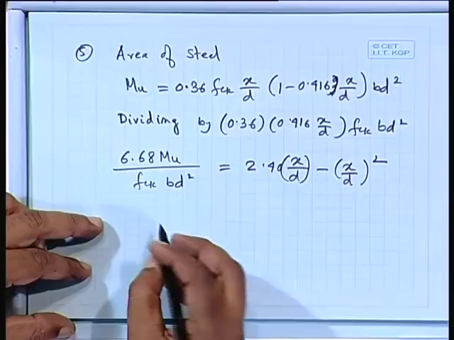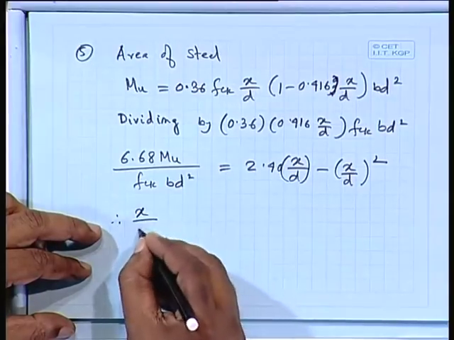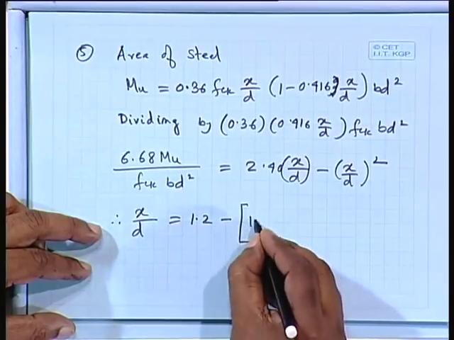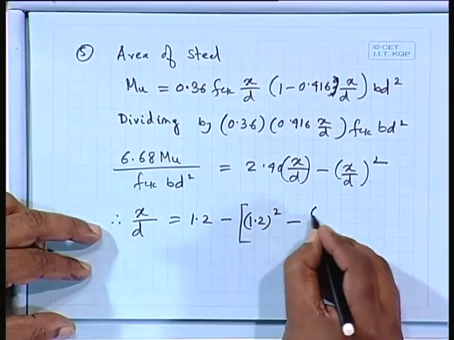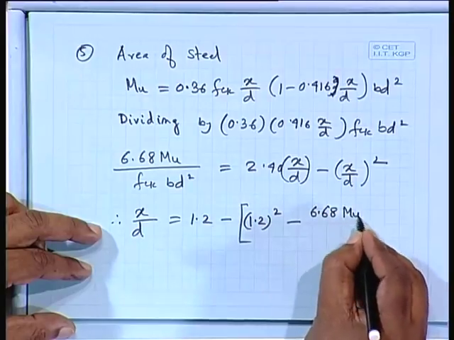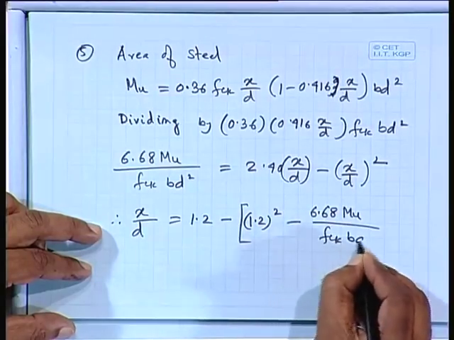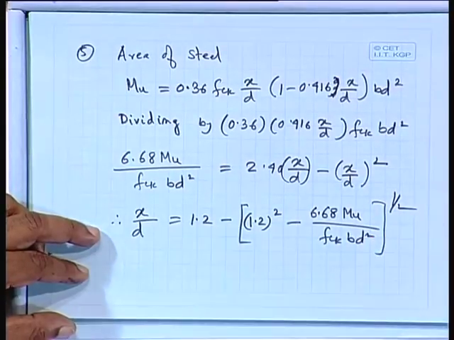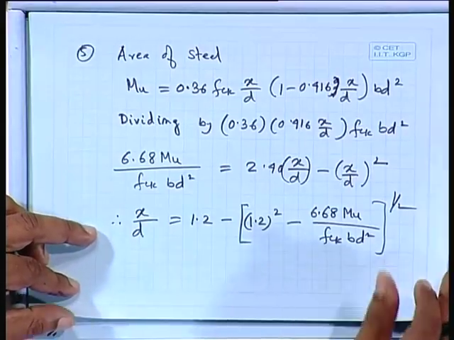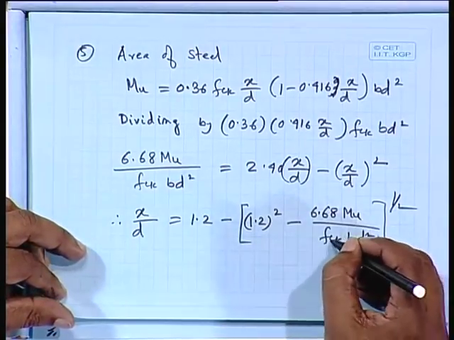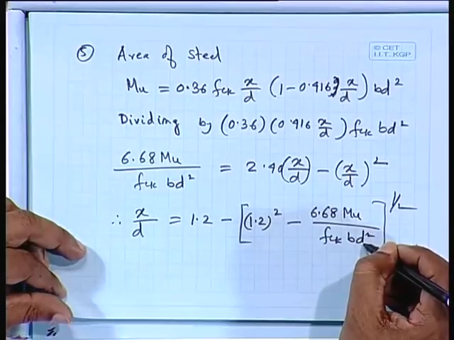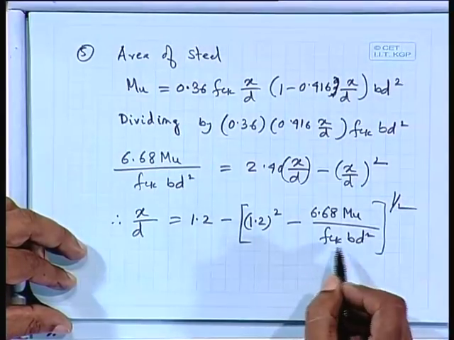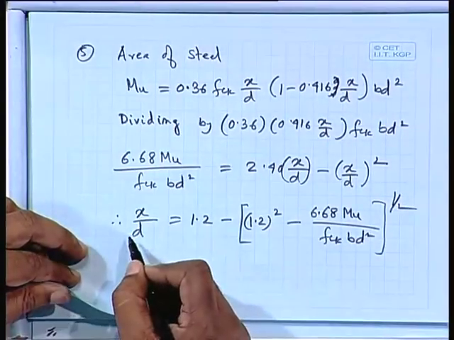We get this equation, and finally x by d equals 1.2 minus the square root of (1.2 whole square minus 6.68 Mu by fck b d square). This is the formula from where we can get x by d if I know Mu, fck, b and d. We know Mu, fck, b and d, so we can find out x by d.